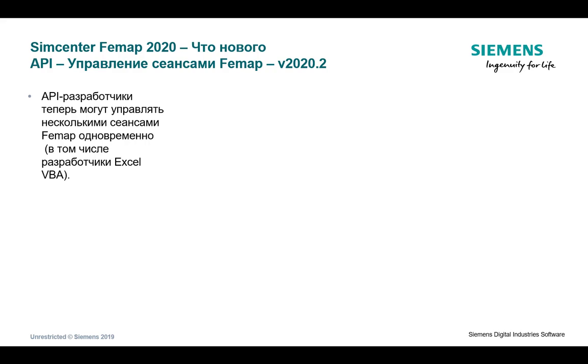Finally, two last things to talk about, and that's the ability for API developers to now control multiple Femap sessions simultaneously. This was added for version 2020.2. This includes Excel VBA developers. It's only forward compatible, so this is only going to work with Femap versions 2020.2 and above.